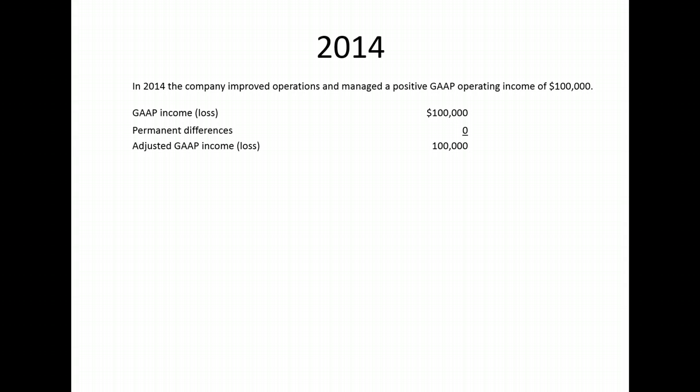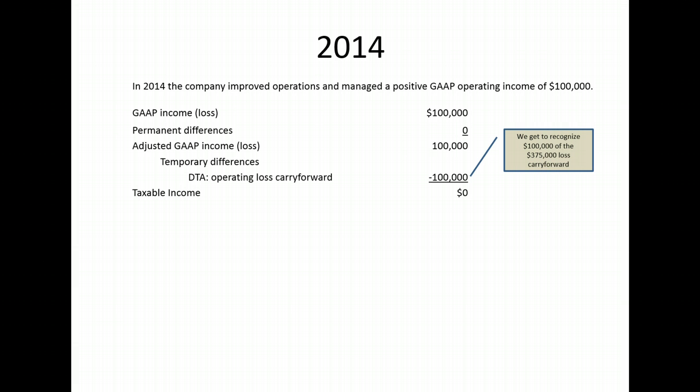And here's where we begin to make use of that operating loss carry forward. We have an operating loss carry forward of $375,000. So here's where we are going to begin to draw down on that deferred tax asset, begin to use up some of that loss. Now in 2014, we can't use up all of it, because we only have $100,000 of GAAP income. Remember, no matter what, taxable income cannot be negative.